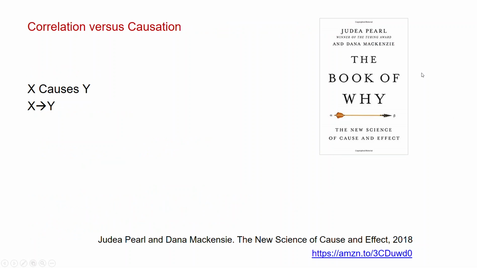Now, in doing this, a short little divergence, but not really. Just because your book doesn't mention cause and effect doesn't mean it's not the number one thing that economists do. And I happen to like this book, by the way, which is by Judea Pearl. It's called The Book of Why, and I would recommend it to you. Half of that book is readable by everyone, and it's very accessible.